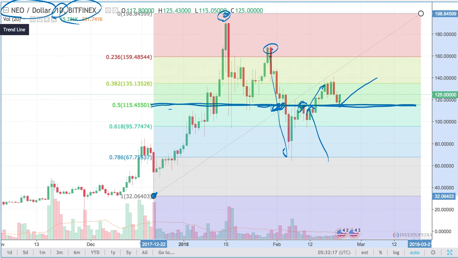So this level on NEO, this 50% retracement from the early January highs, is now becoming a support level. And so if you're a buyer of this, this is the price level you want to buy it at. Now let's look at some moving average crossovers, which can also serve as entry points.